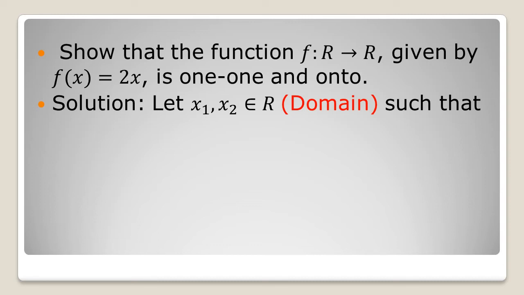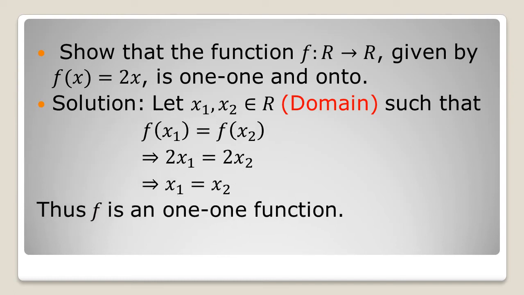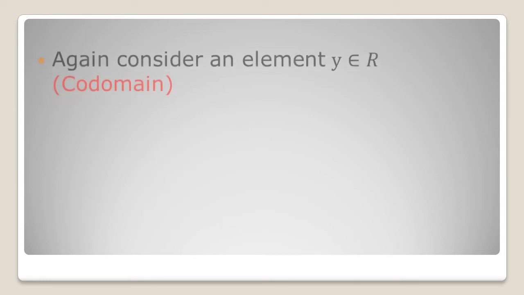The solution looks like this. We again consider two elements from the domain. This time the domain is the set of real numbers, and the process is the same as earlier. We take the images equal, and then it comes out to be x1 equals x2, which is the sufficient condition for the one-oneness of a function.